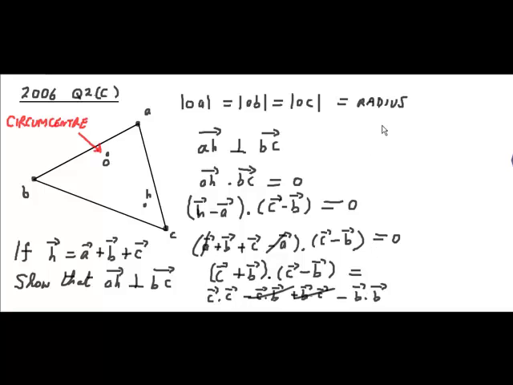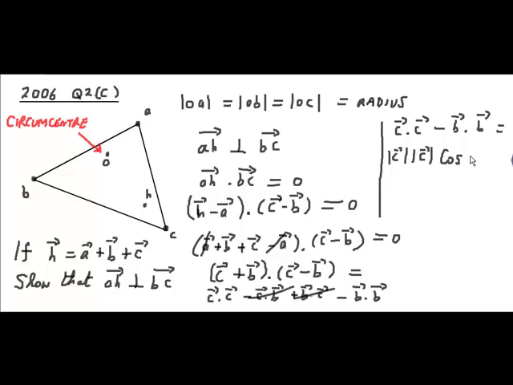And now we have C dot C minus B dot B. Now C dot C, by definition of dot product, is the modulus of C by the modulus of C again, by the cos of the angle in between, which is 0.